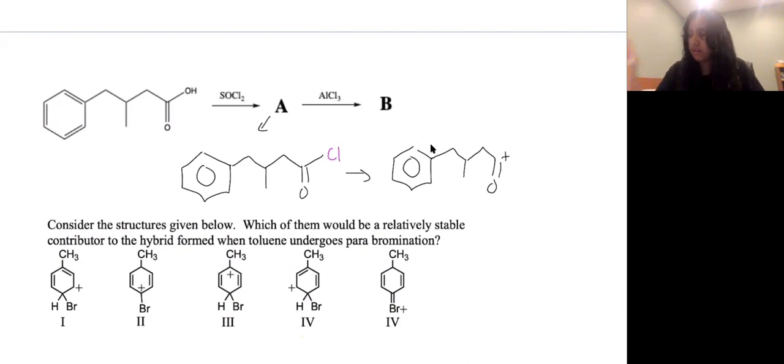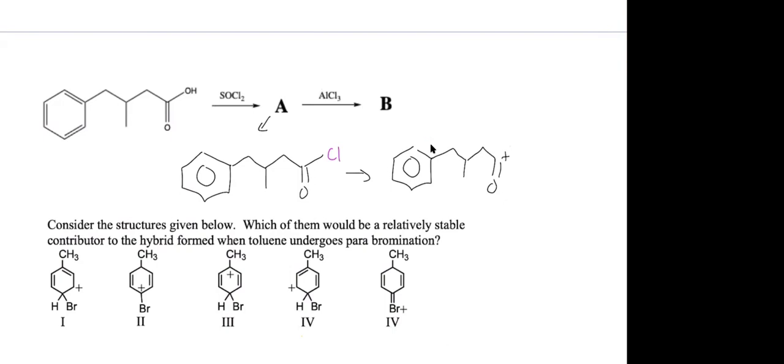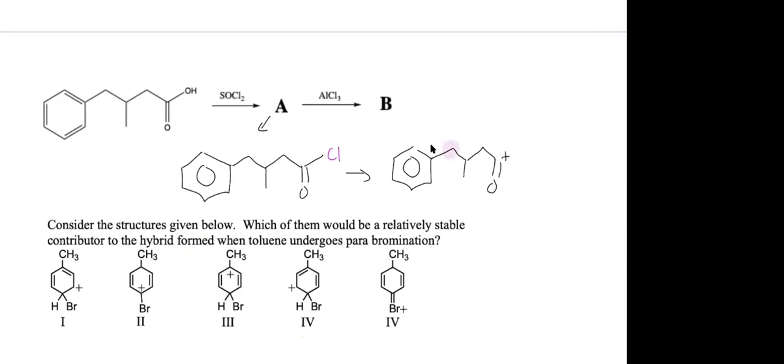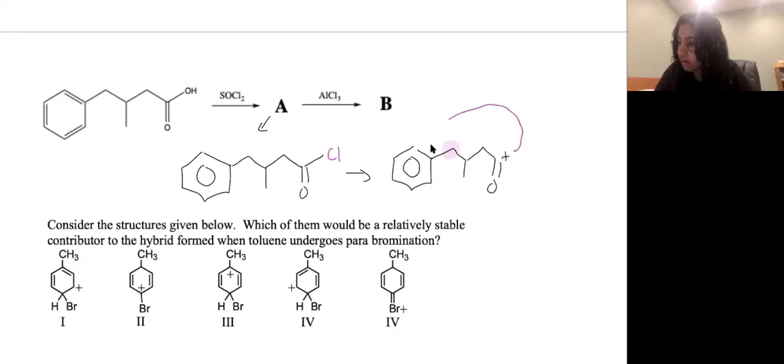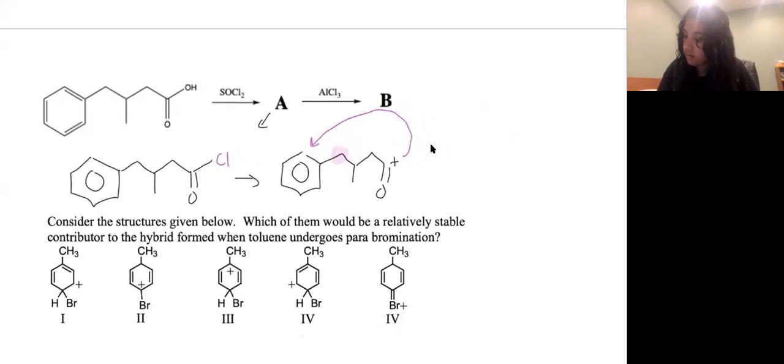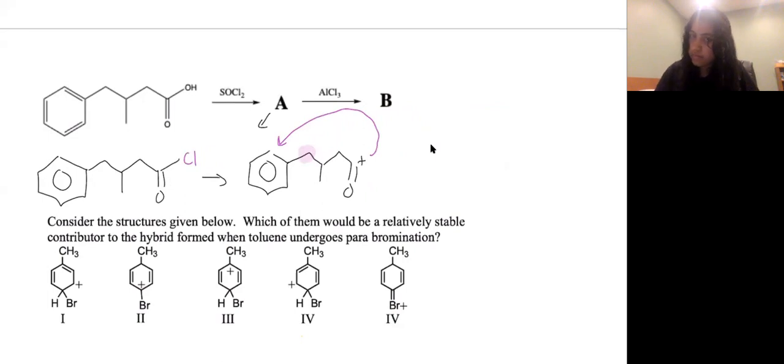And which position do you think it would add? Ortho? It would add ortho, because this counts as an R group. It's an R group, so ortho director. So we're just going to draw this going all the way back to an ortho position. Oh, and I'm going to number the carbons just for sanity.